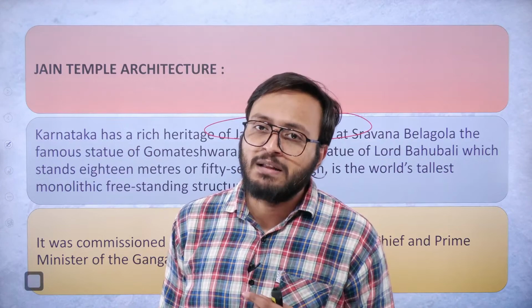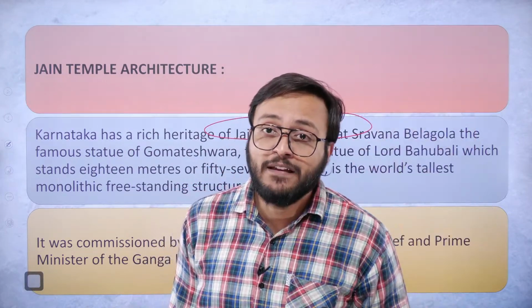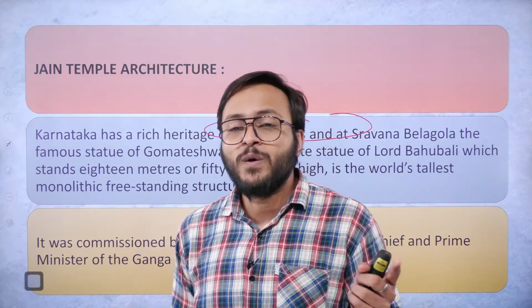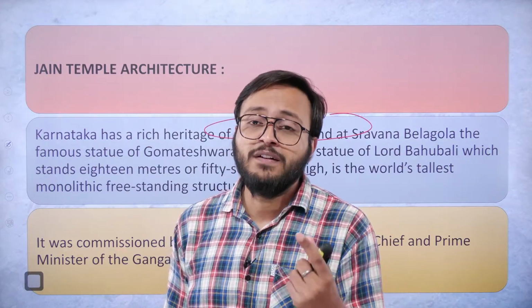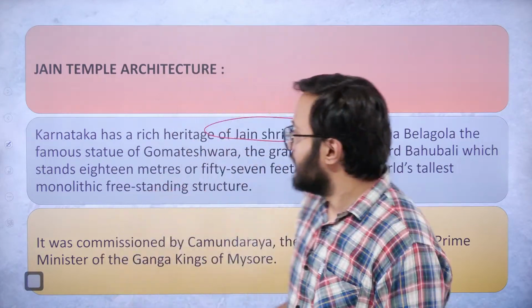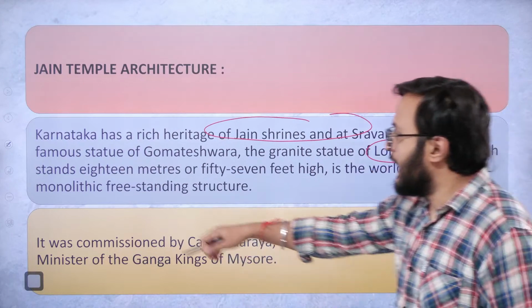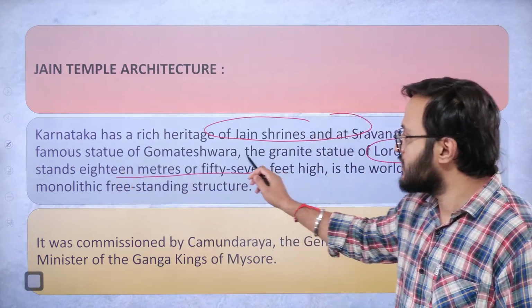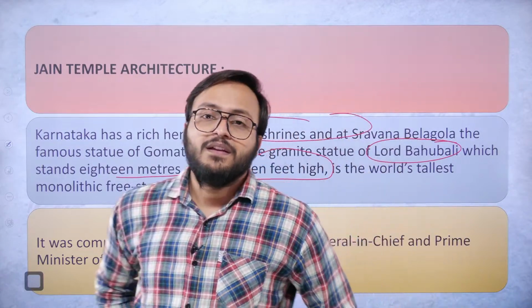You might have also heard about that grand statue of Lord Bahubali, who was the son, as well as the disciple, of Adinath. This sculpture is extremely important, and it is 18 meters or 57 feet high.